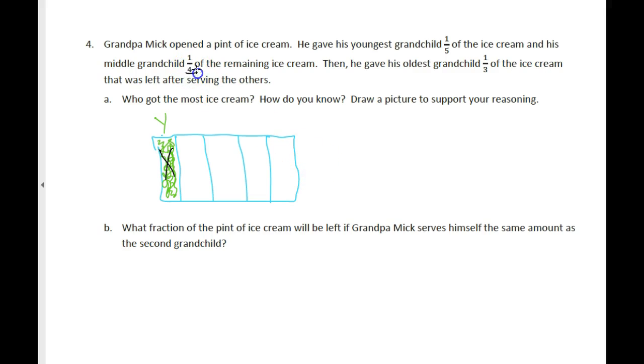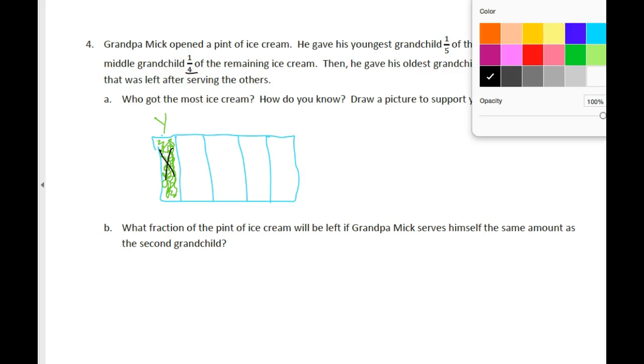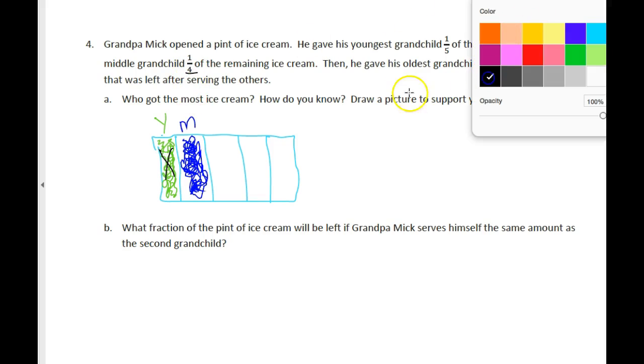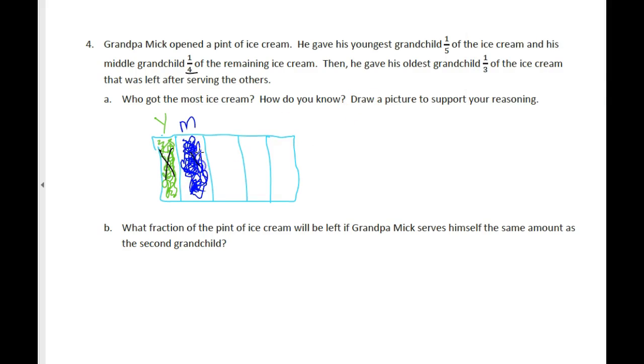And the middle grandchild is going to get one of those. So let's go for this one right here. So M for middle. 1/4 for the middle age, right? Got 3 grandkids, one in the middle. So they got 1/4. And so now that's done. They're off, they're eating, and we're going to look at how much ice cream is left.